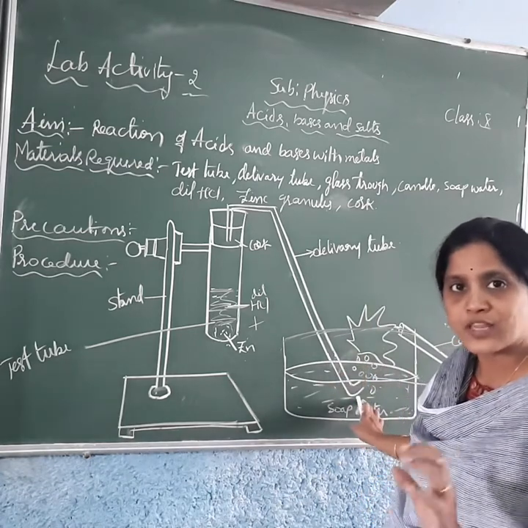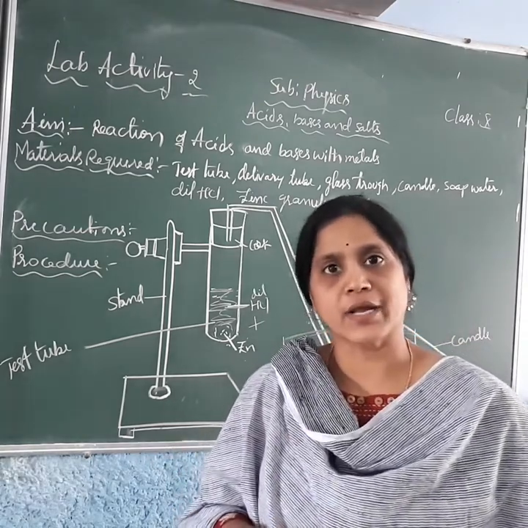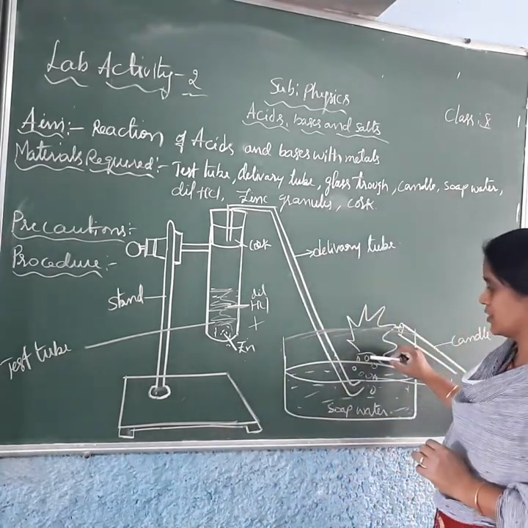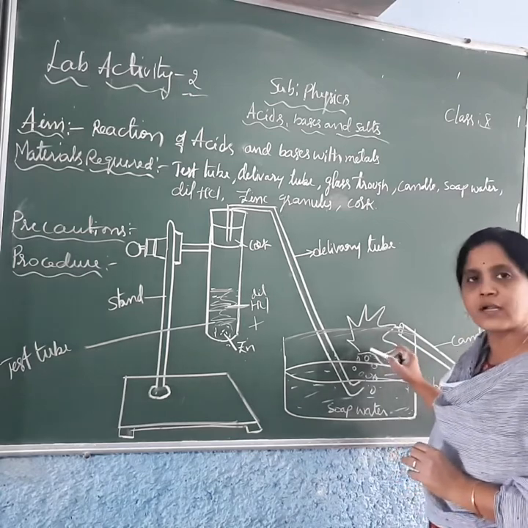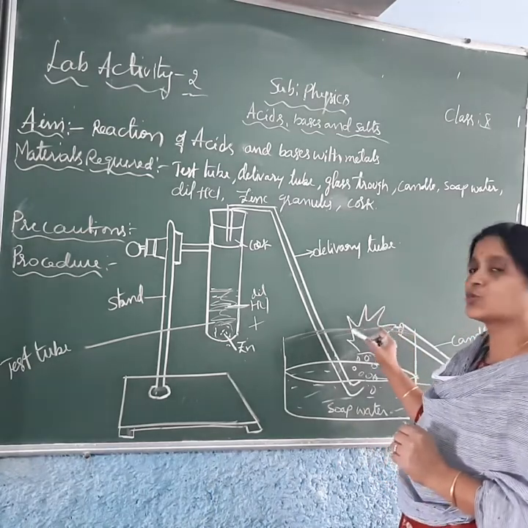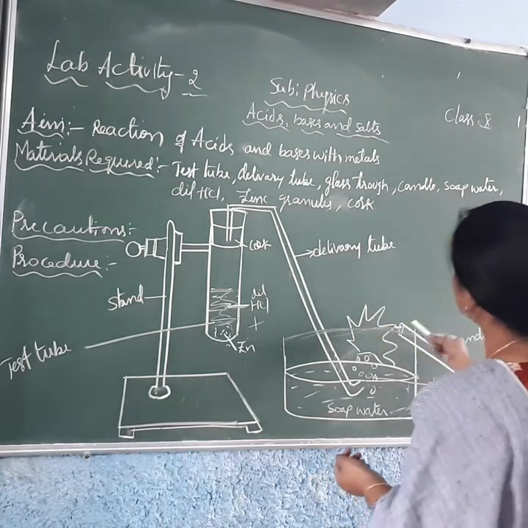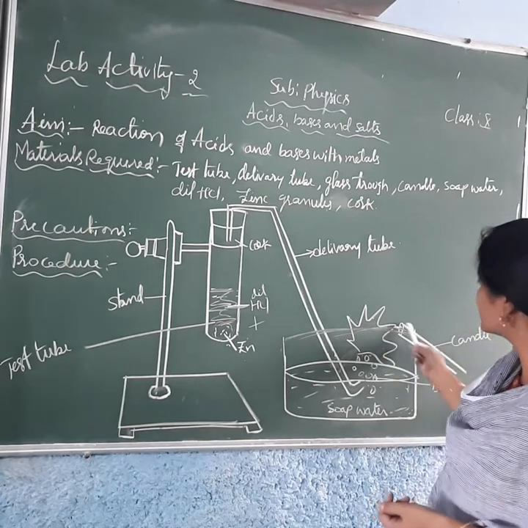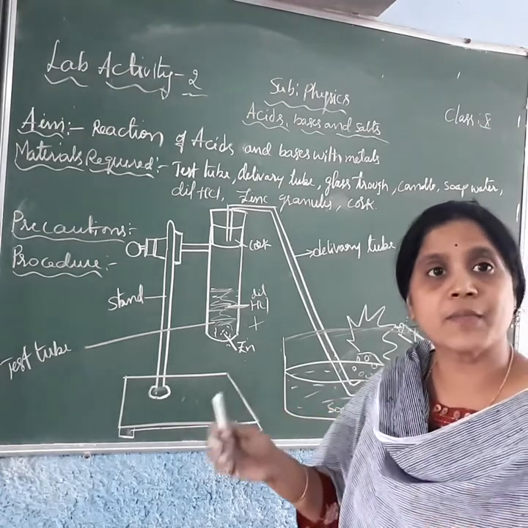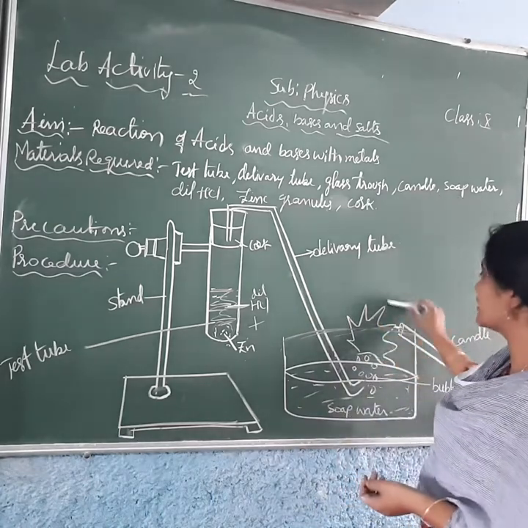When the bubbles are forming, you take one burning candle and bring that burning candle near the bubbles. Then immediately these bubbles burn with a pop sound, and the candle flame is put off.